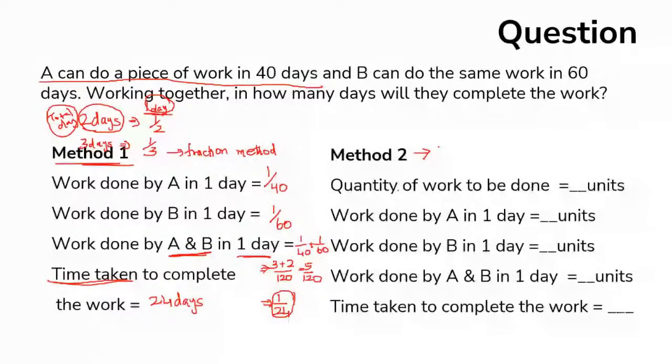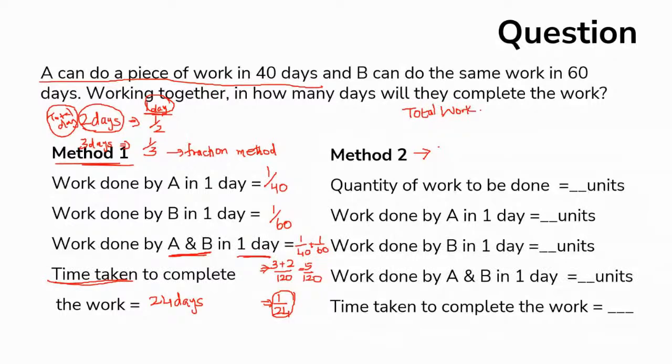In this question, do I know the total quantity of work to be done here? I don't know the total quantity of work to be done here. So in such cases, total quantity of work is not known.